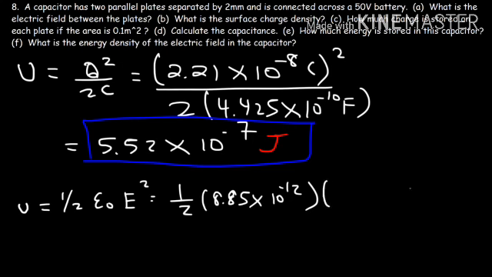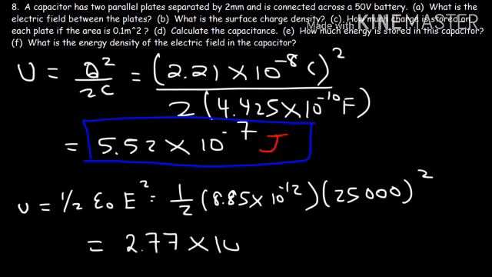And the electric field, we found it to be 25,000 volts per meter. So this is equal to 2.77 times 10 to the negative 3, and it's energy per unit volume. So it's joules per cubic meter.